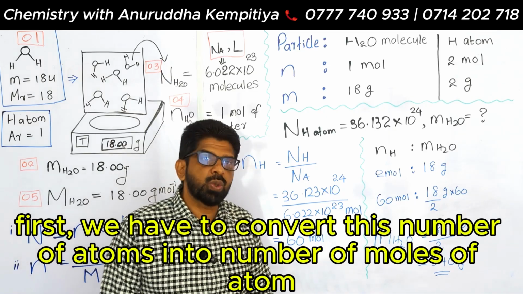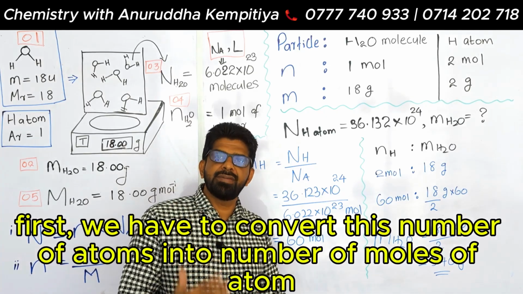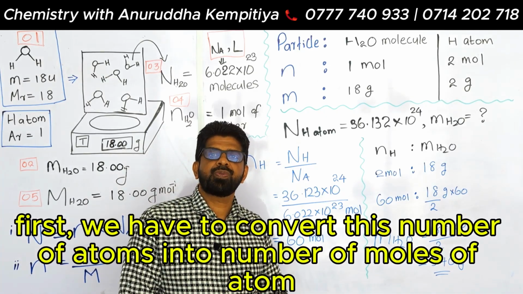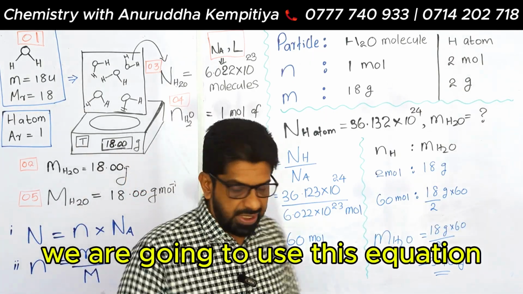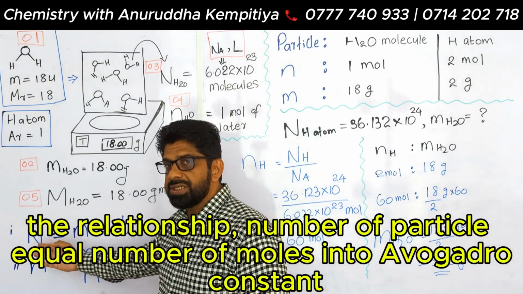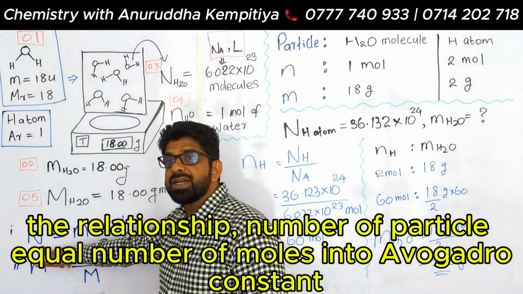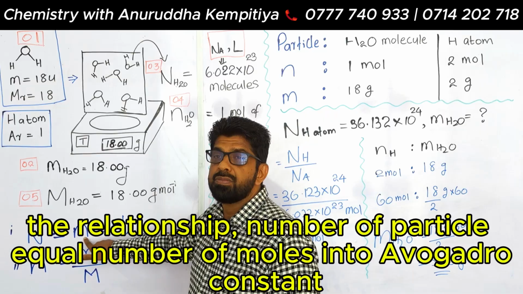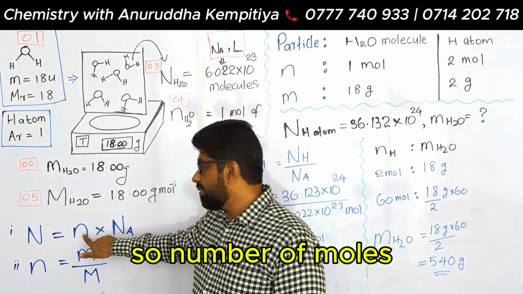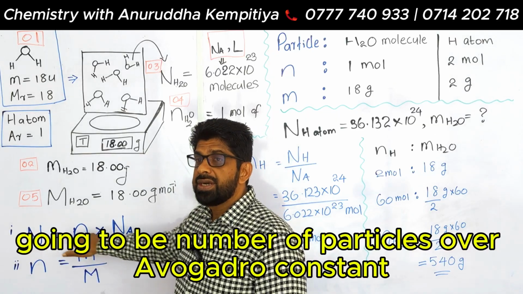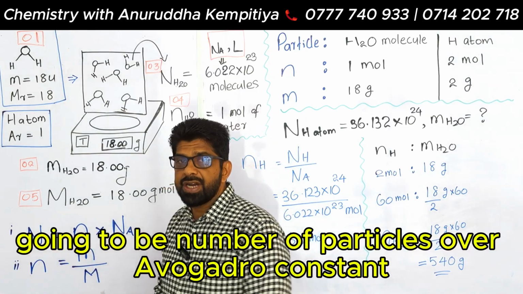Okay, first of all, we have to convert the number of atoms into the number of moles of atoms. So we are going to use this relationship: number of particles equals number of moles times Avogadro constant. So number of moles is going to be number of particles over Avogadro constant.